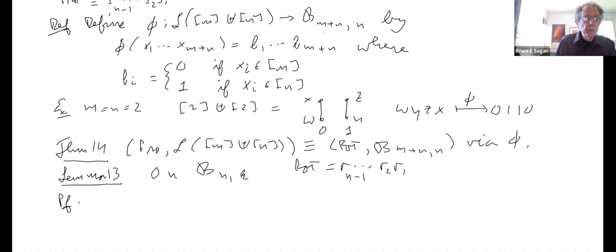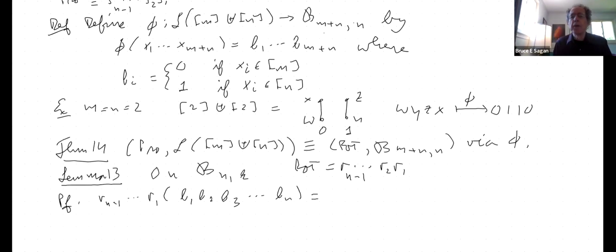Well, let's just see what that composition does to a bit string. So I apply R1. What does R1 do? Well, it switches the first two bits, right?